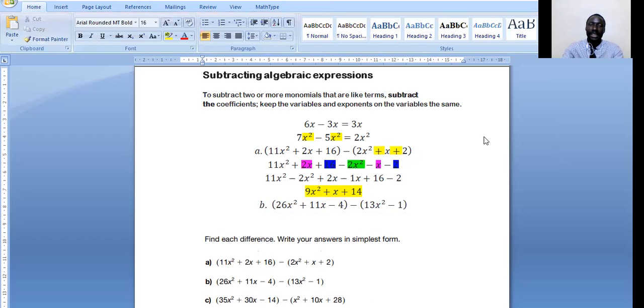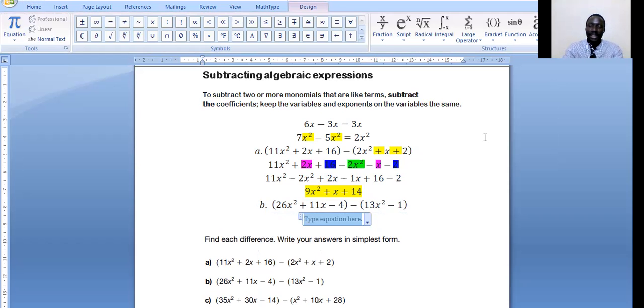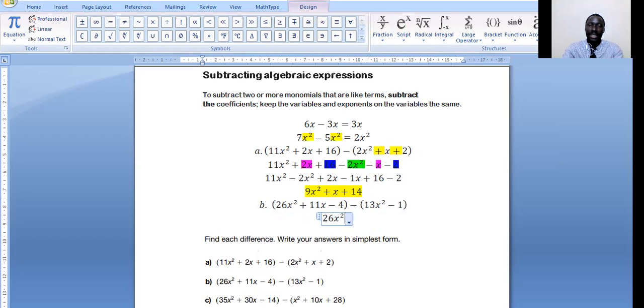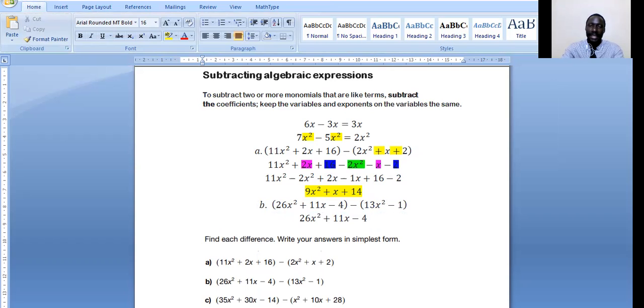How do we subtract the 2? Well, the first step is to open the bracket. So we are going to be having, for the first bracket, 26x squared plus 11x minus 4, minus, okay? Now, notice that this minus here is going to affect the sign in front of 13.